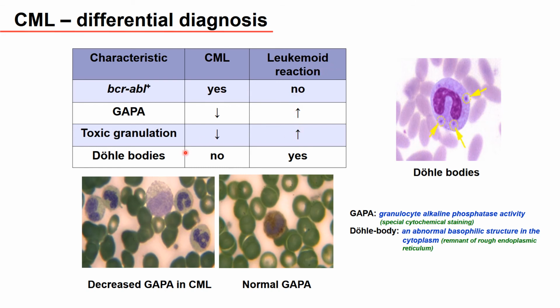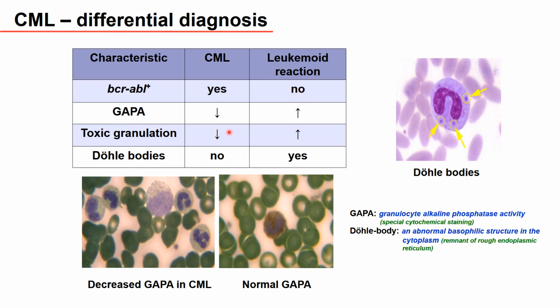That could be identical with CML. But how can we differentiate between these two? Because the clinical signs are very similar: fever, infection, and increased number of white blood cells. First of all, we can measure the BCR-ABL translocation, and in leukemoid reaction there is no BCR-ABL translocation at all.